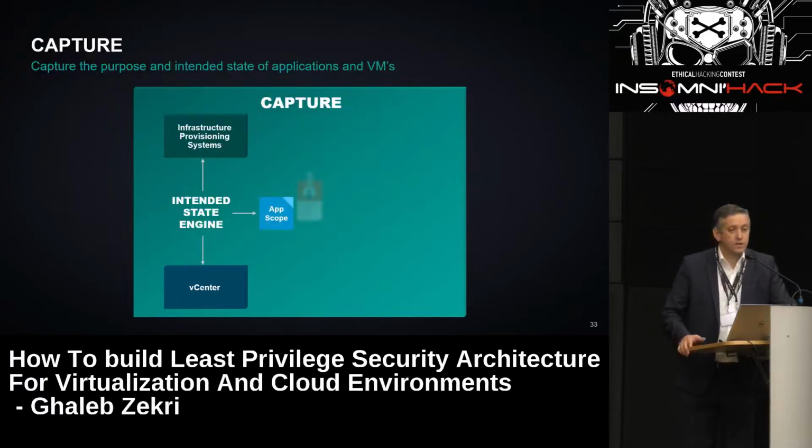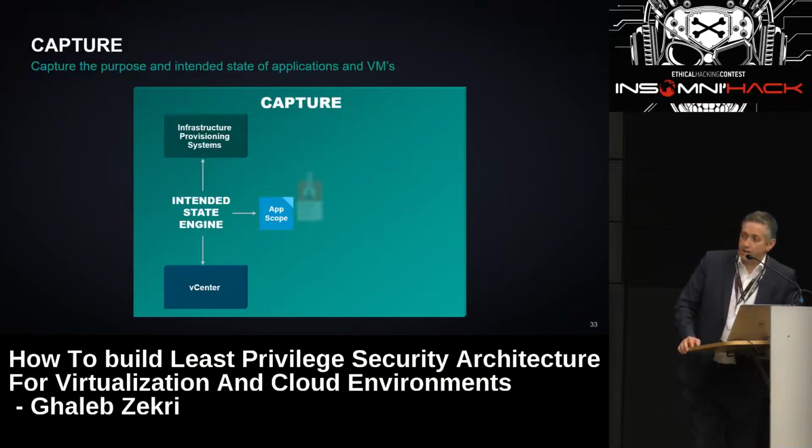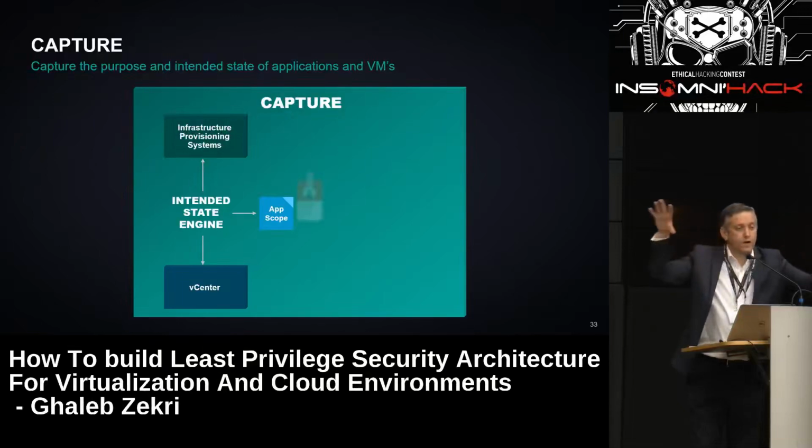These provisioning tools could be vRealize Automation, could be Puppet, could be all the DevOps tools that provide the application guy the ability to automate deployment of new applications on my infrastructure. And from that point, I'm building what we call the application scope. So in the application scope, I have my infrastructure, I have 3, 4, 5, 10 VMs working together. They are sitting in different parts of the network. I know the name and the operating system. I know which kind of network traffic could go from and to every VM and every process.